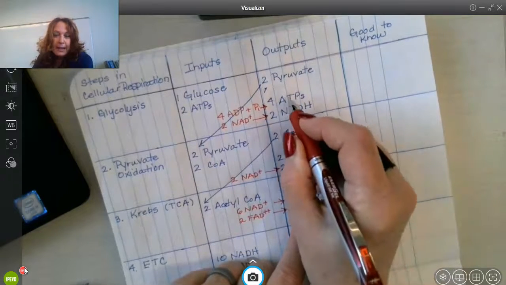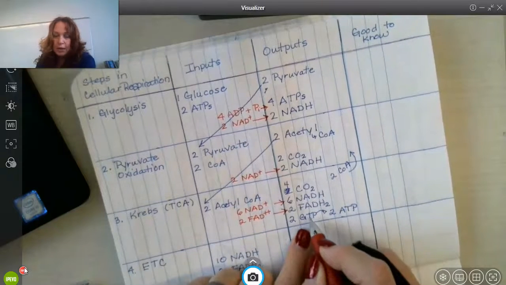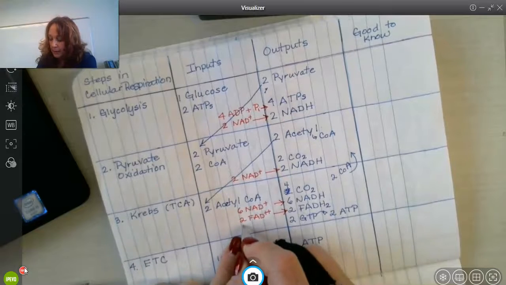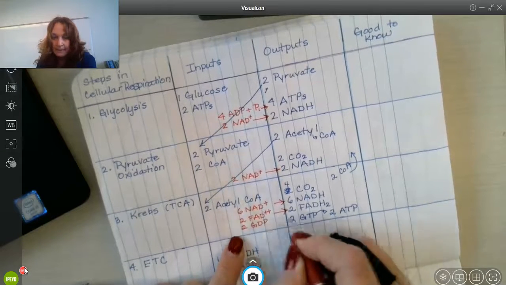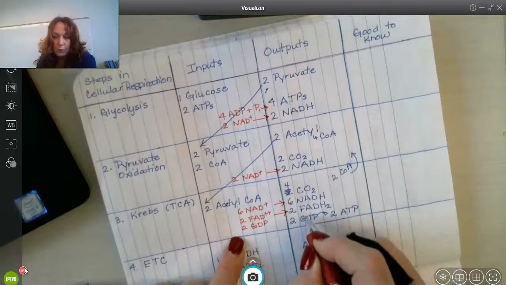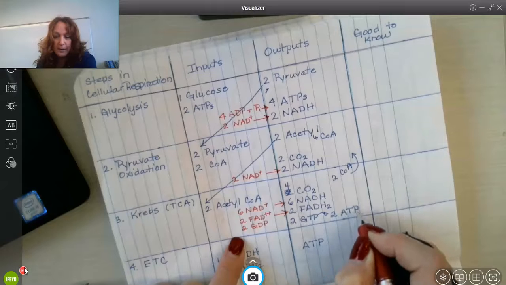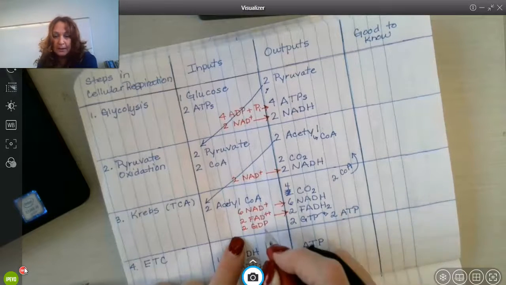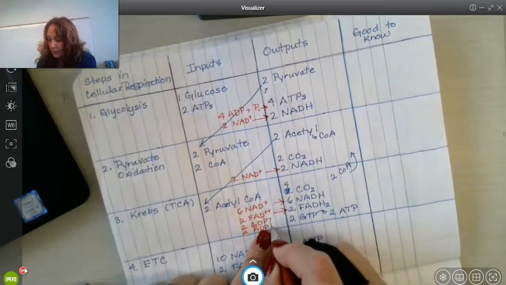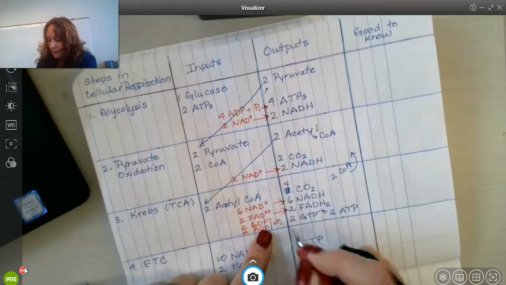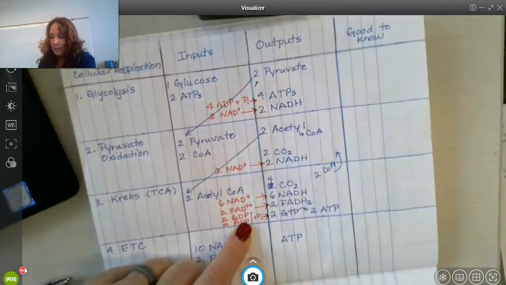We said to make ATP, you need ADP. To make GTP, you would need GDP, right? Same thing here when you give that energy over and let it make, real quickly, a more commonly spent form of energy for the cell, which is ATP. So I would have to have 2 ADP available. They both need inorganic phosphate, because that's where the third one comes from, in order to make those.